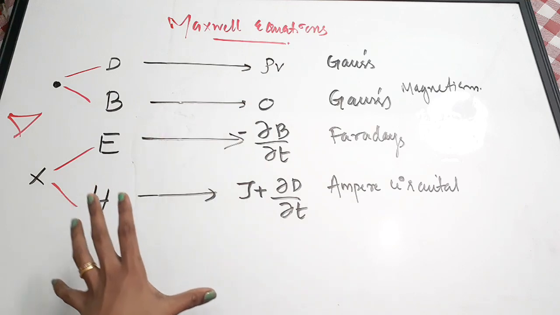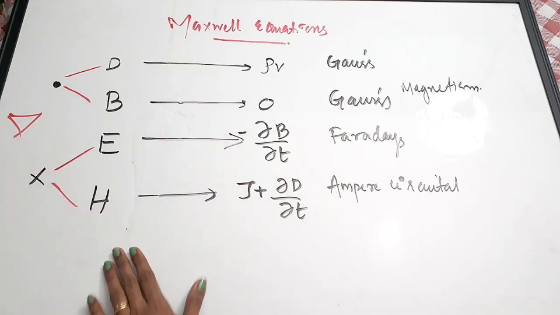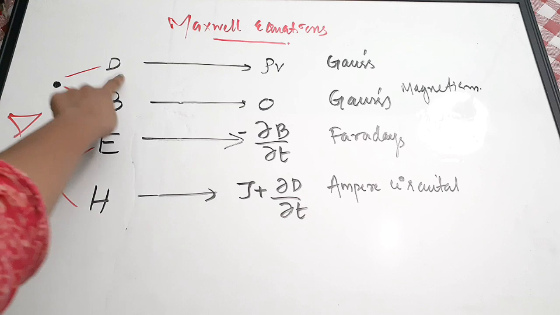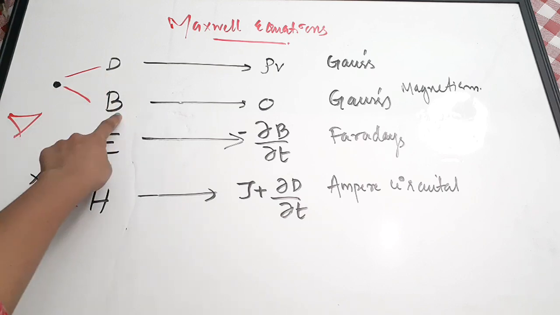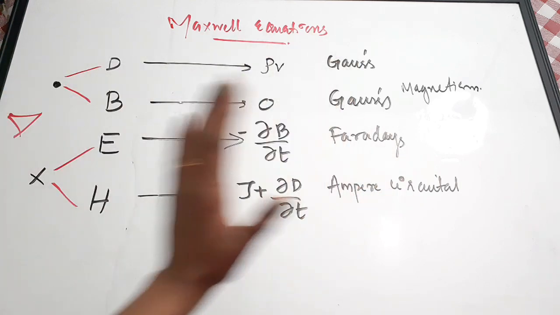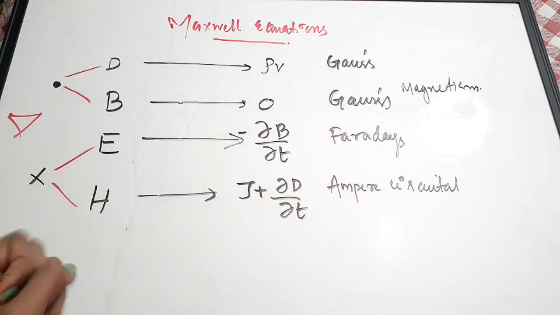By using only this format, you can remember all of Maxwell's equations. Either way, you can write del dot D or del dot B here, or just form it like this. Whether in a tabular form or an equation form, it is very easy to remember all of Maxwell's equations, which is very important, especially for competitive examinations. We also derive a lot of other things from these equations, so these act as the basics.